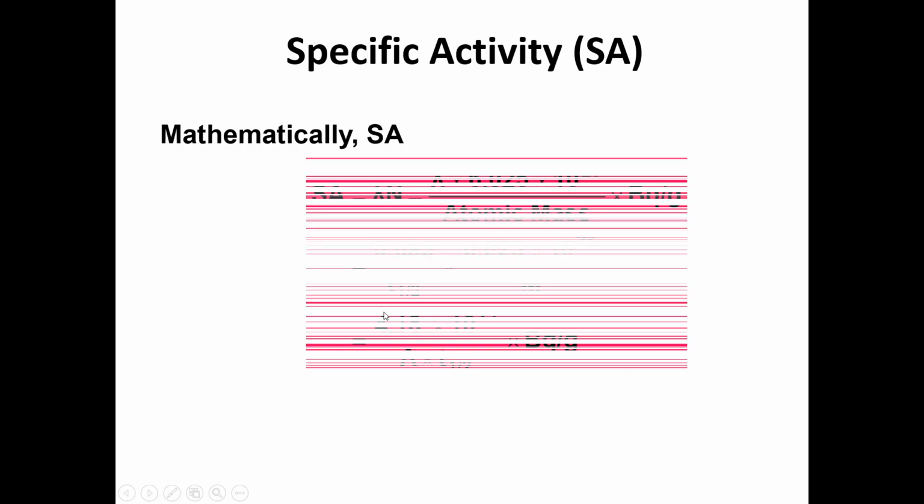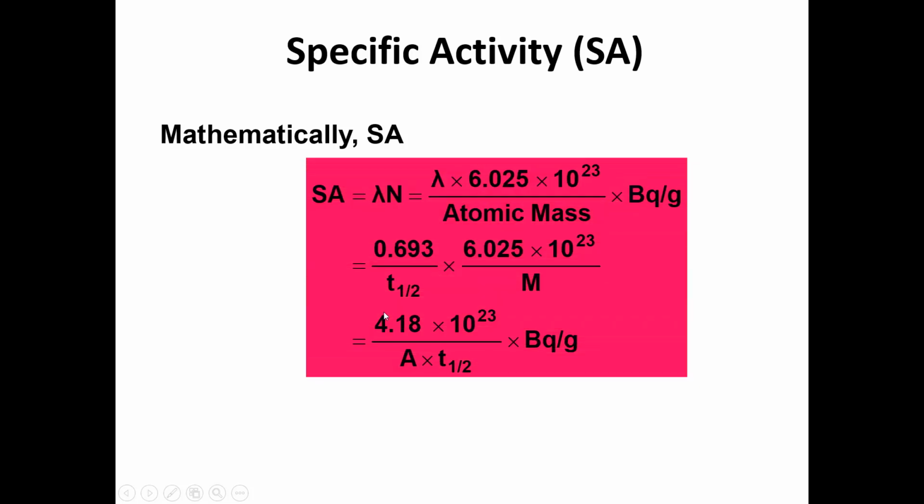So now, mathematically, how do we deal with the problem? Specific activity is given by lambda N. For N, we put in the Avogadro number, 6.025 × 10 raised to power 23, divided by the atomic mass, multiplied by becquerel per gram.